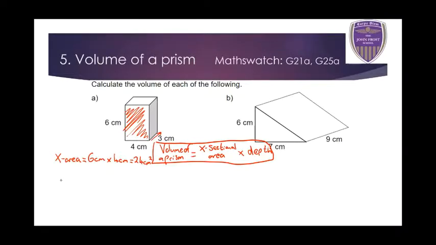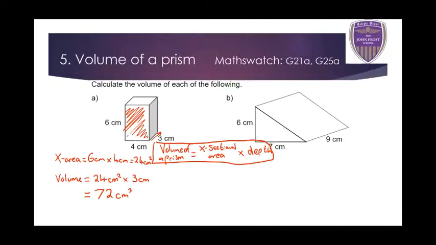Therefore, sorry about that. Therefore, volume is going to equal 24 centimeters squared multiplied by 3 centimeters. Okay, so 24 centimeters squared times 3 centimeters, that will give you 72 centimeters cubed. Because when we're dealing with volumes, it has to be centimeters cubed.